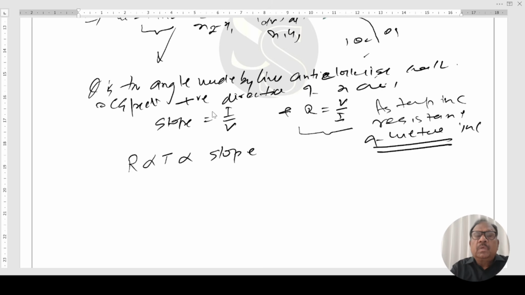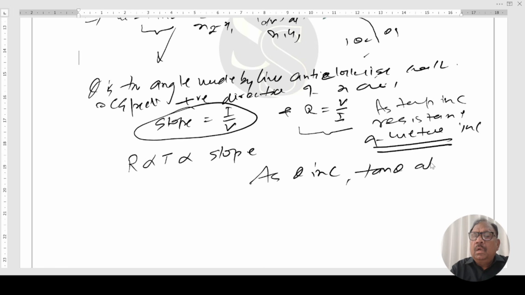Now here, slope is this one. Now as theta increases, tan theta also increases. Therefore, T is inversely proportional to slope.